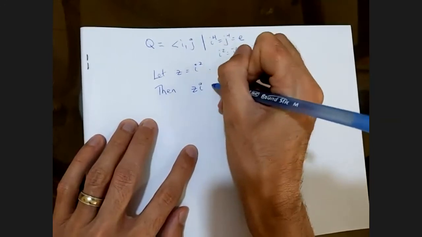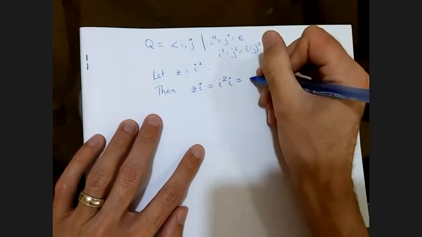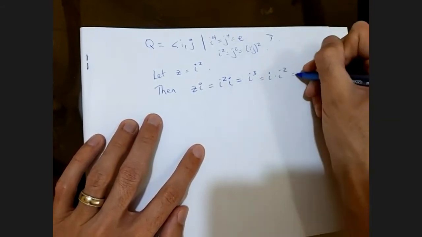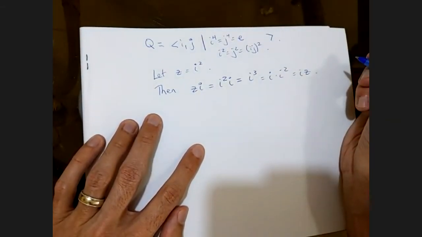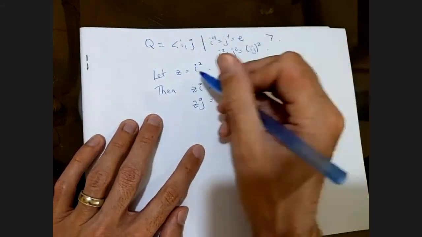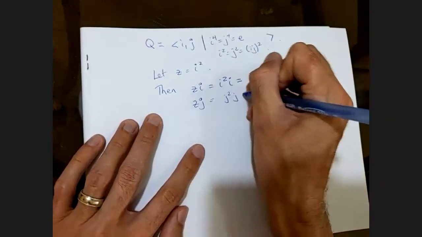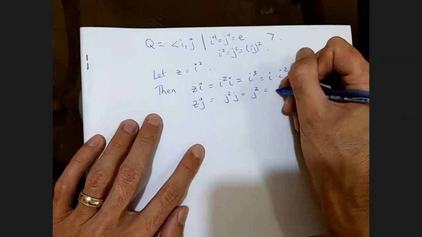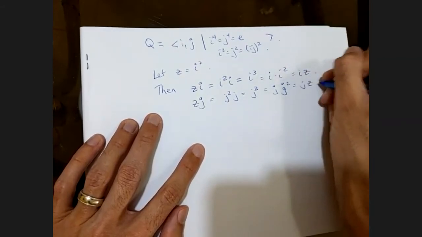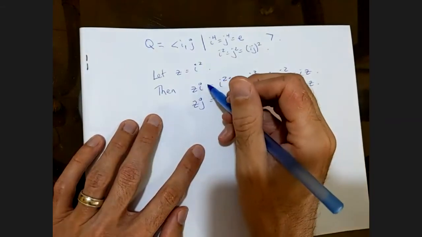Then Zi is just I squared I, which is just I cubed, which is just I I squared, which is IZ. Also Zj, well, Z is I squared equals J squared. So Zj is just J squared J, which is just J cubed, which is just J J squared, which is JZ. So Z commutes with I, Z commutes with J.